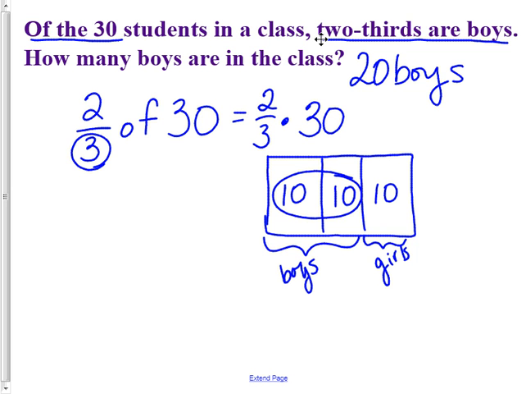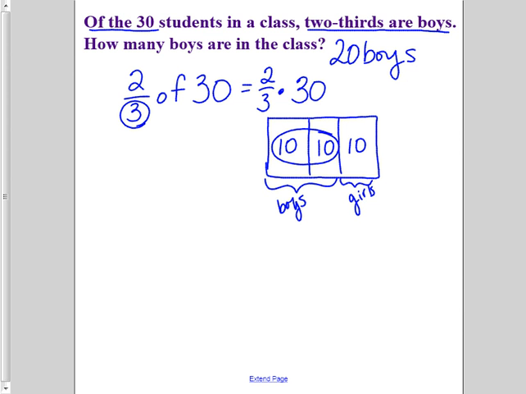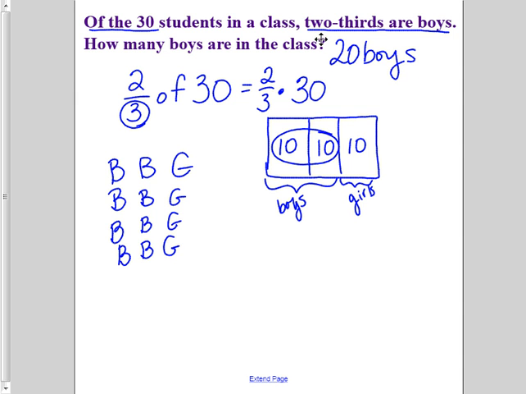Another model we could do is something as simple as this, where every 2/3 means 2 out of every 3. So it's actually going to be easier to do circles than to do letters. So boy, boy, girl. So out of every 3 students, 2 are boys. So if we kept going until we had 30 students, this model takes a little bit longer, but if you didn't understand the other model, this one might make more sense to you.